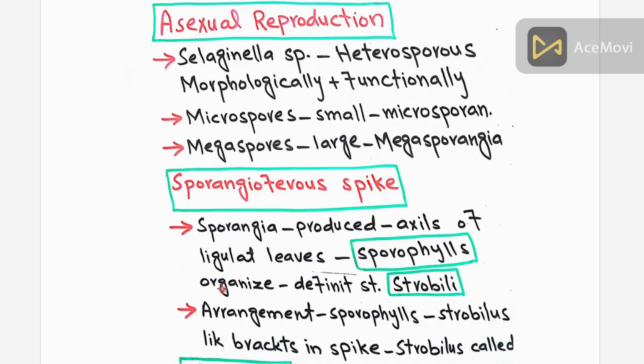The sporophylls aggregate and form definite structures called strobili. The arrangement of sporophylls in a strobilus is just like bracts in a spike. Therefore, the strobilus is also called a sporangiferous spike.